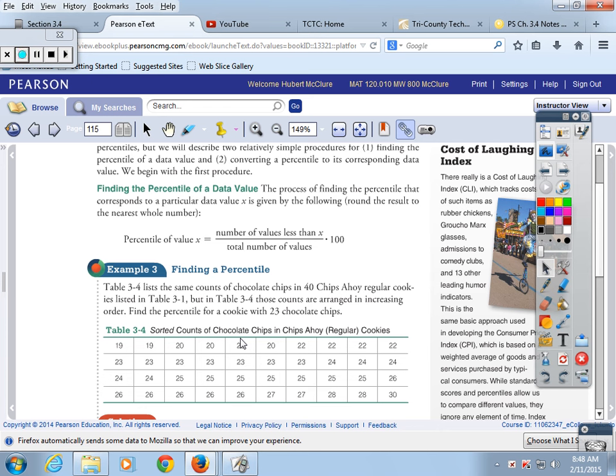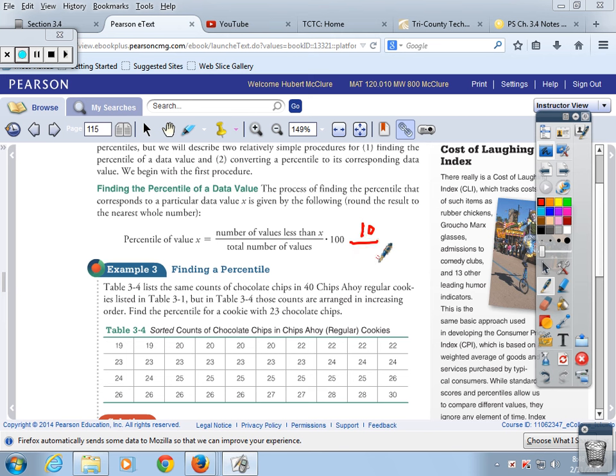Count where the first 23 is. 1, 2, 3, 4, 5, 6, 7, 8, 9, 10. What? 11. So how many values are less than 23? 10. So 10 goes right here. Go back down, or minus it all the way down, please. Thank you. So that number is 10.